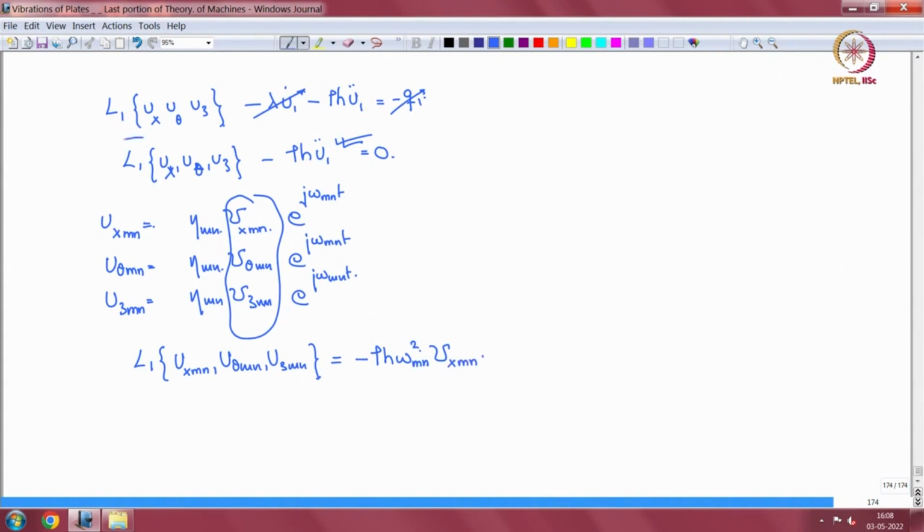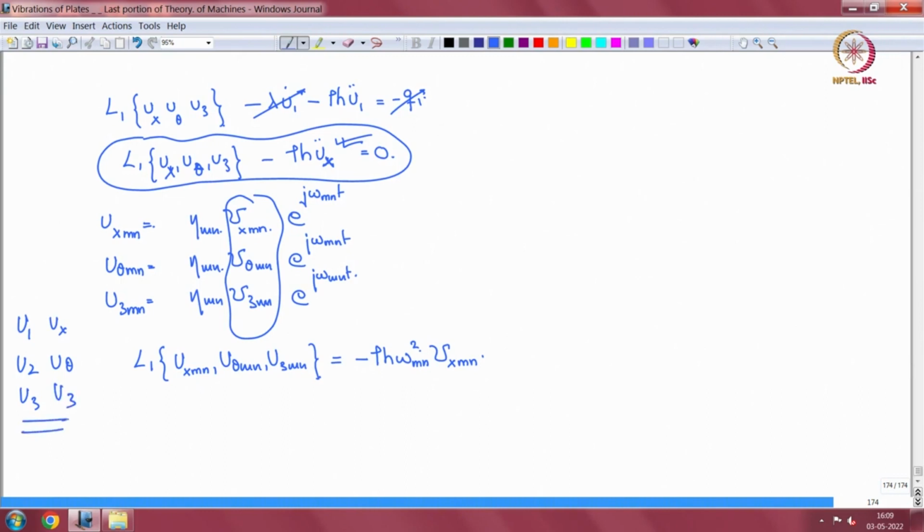That should be evident from here. Okay, this is my Ux. So U1 is Ux, U2 is U theta, U3 is U3. So please understand, this operator on this mode shape is equal to this.